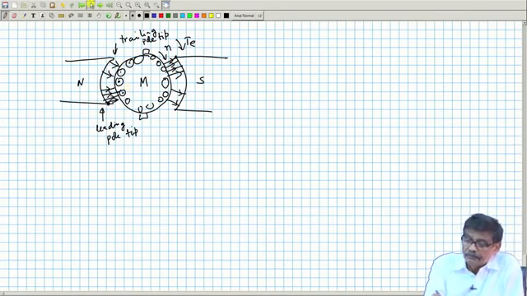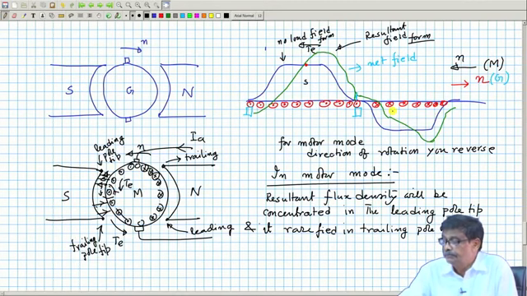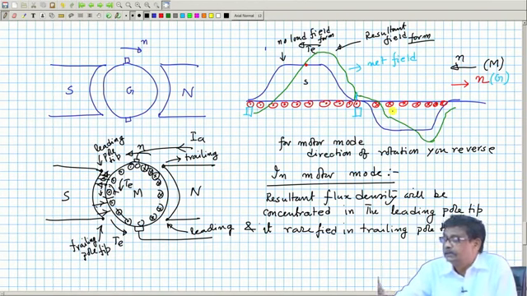Therefore, this diagram is handy. You draw for motor or generator mode correctly in the field form drawing, I am telling you, draw it correctly. Then for the other one, if you have drawn for motor, then for generator you just show the reverse direction, and everything will be correct.